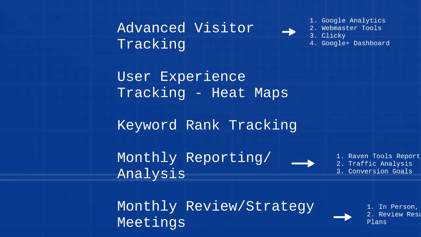Keyword tracking is awfully interesting because Google essentially is moving towards a privacy situation where they're not allowing business owners to know exactly what keywords were typed in that allowed the visitor to come to your website. So things have gotten much more complicated over the last 12 to 18 months.